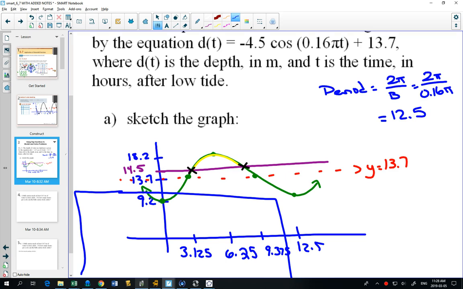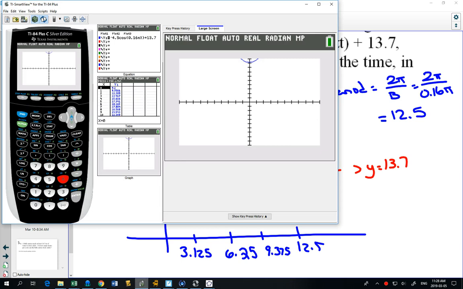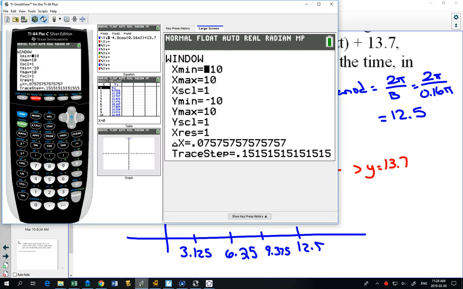So I need to go to my calculator and tell it it needs to look at a little bit more. How do you do that? At the top, there's a window button. If you click on the window, it asks what you want your x min and x max to be, and your y min and y max. Well, I want my x max to see up to 12.5 because that's what I graphed.